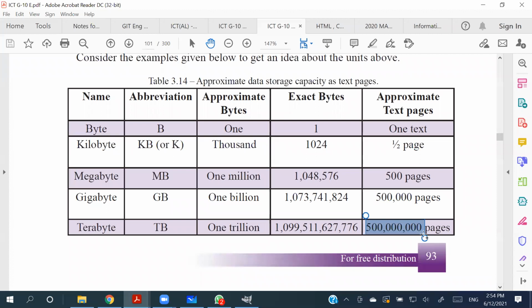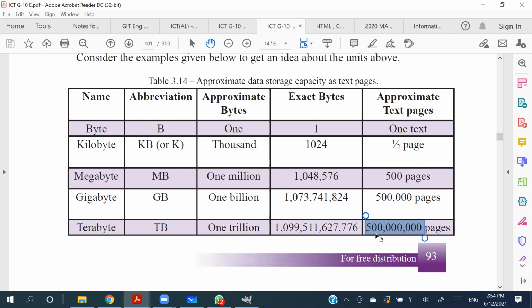Then most of the time when we purchase a device, it's just 1 terabyte, right? So 1 terabyte means 500 millions, right? Which is very big, very huge. Think about 500 million pages. My God.